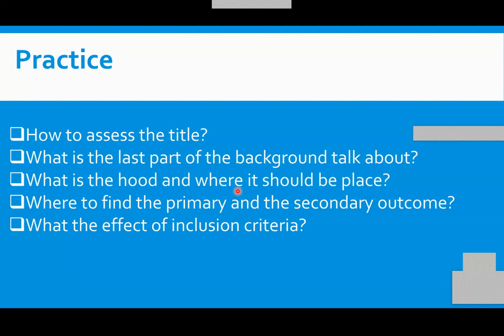Sample size, not population. Remember, I gave you a lecture on this. There is a population, there is a targeted population, and there is a sample size.